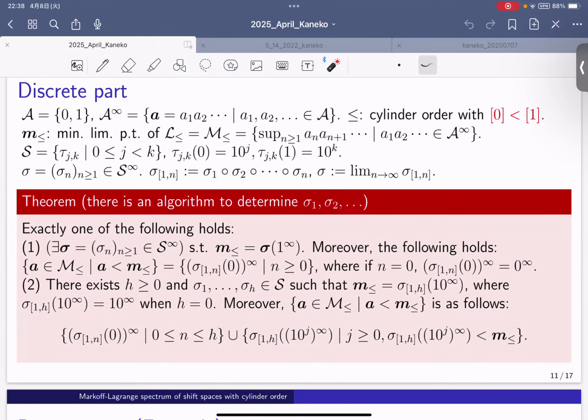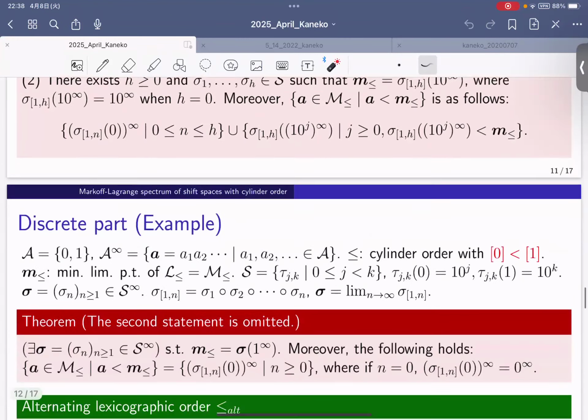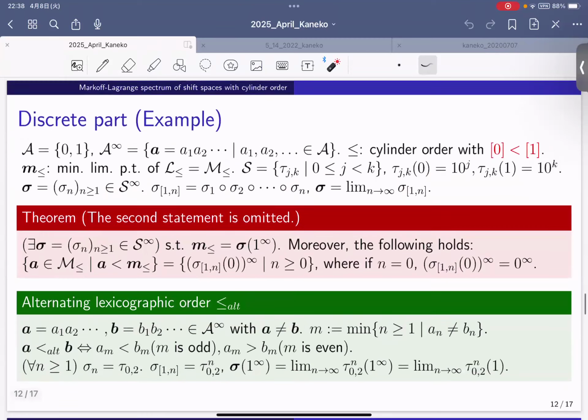Using this algorithm, we can prove that for any n, sigma n is tau 01, so sigma 1n corresponds to the nth iteration of tau, and the minimal limit point is the limit of this one.